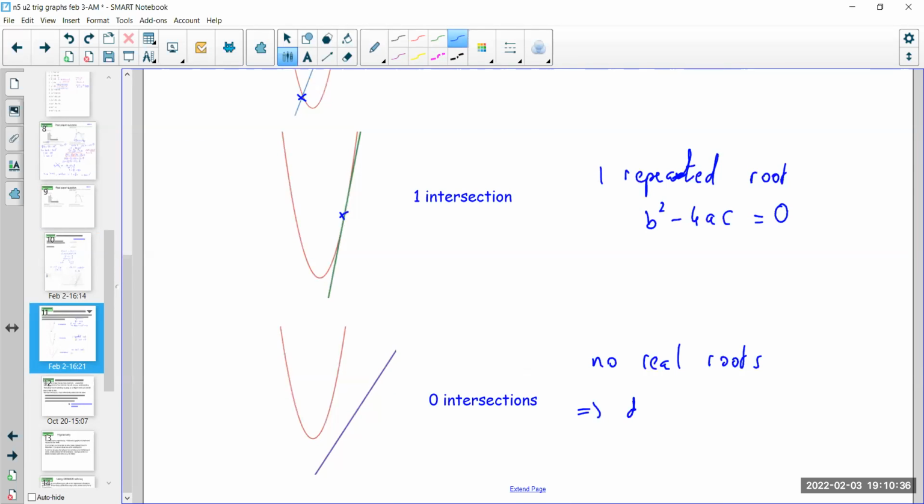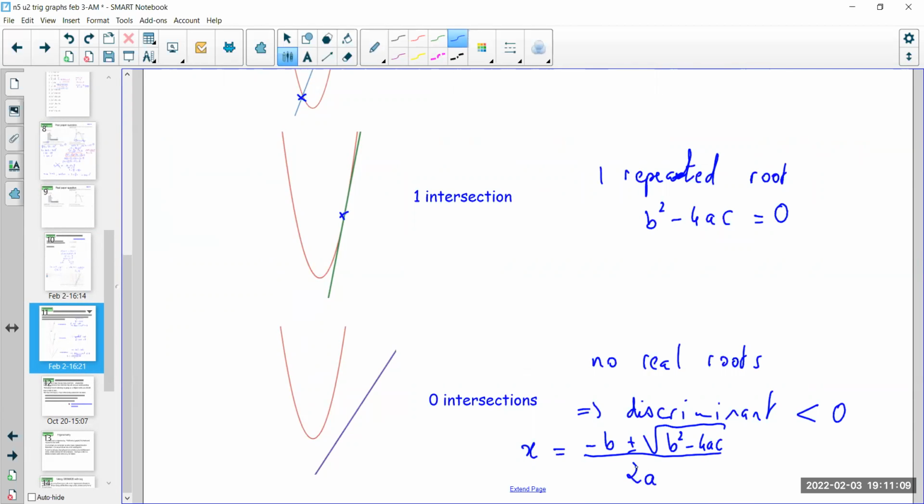As your discriminant in this case would be negative. And why do we not get real roots? Because the quadratic formula is given to you right at the start of the formula sheet as x is minus b plus or minus the square root of your discriminant, over 2a.